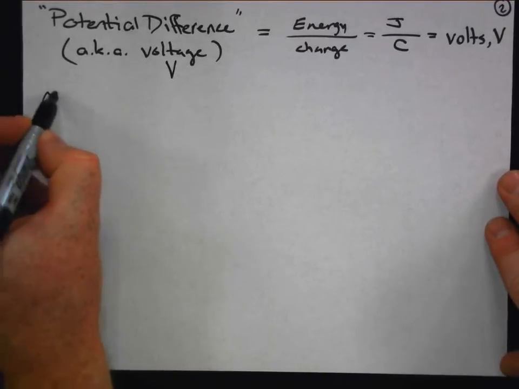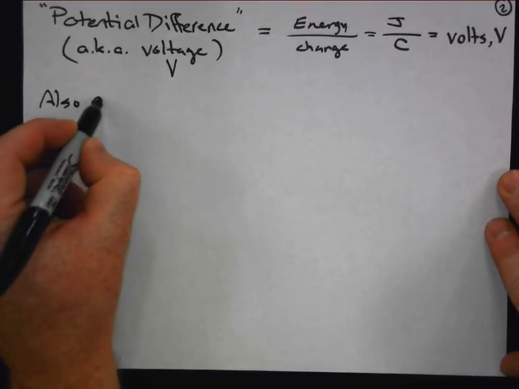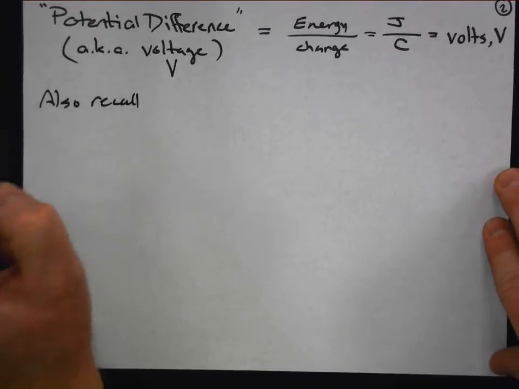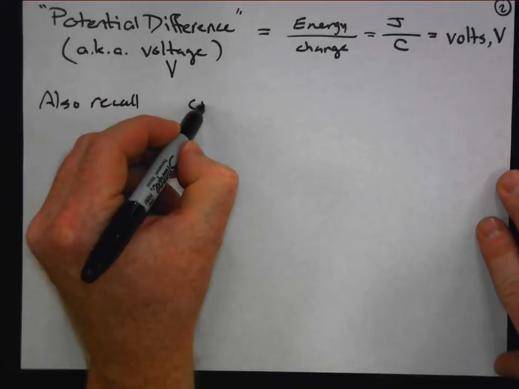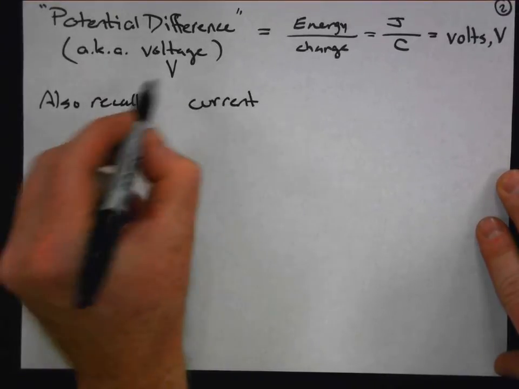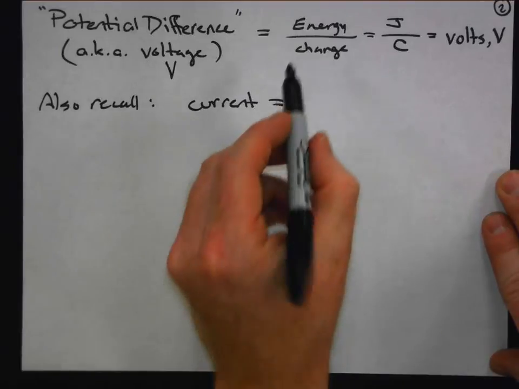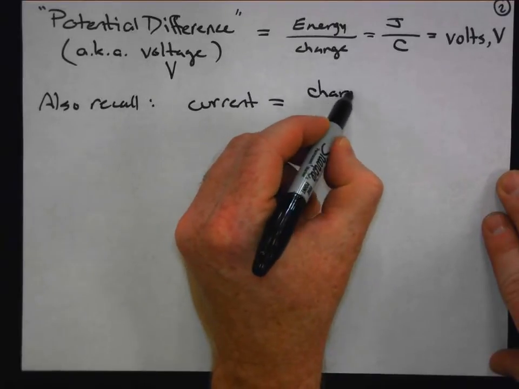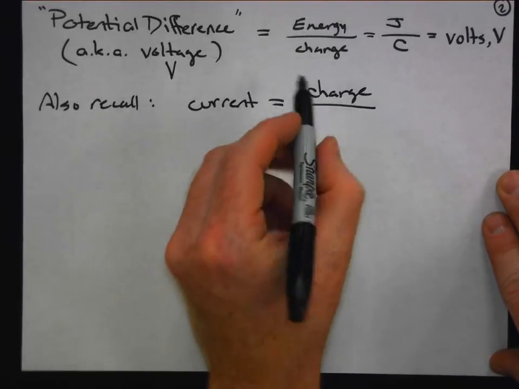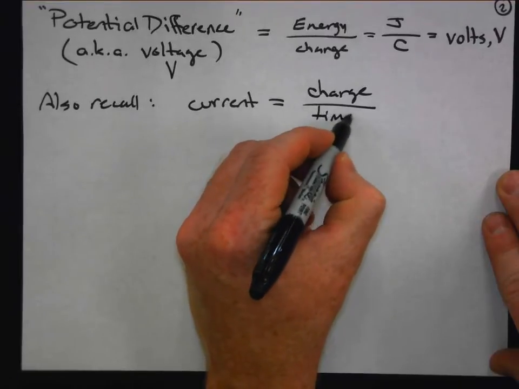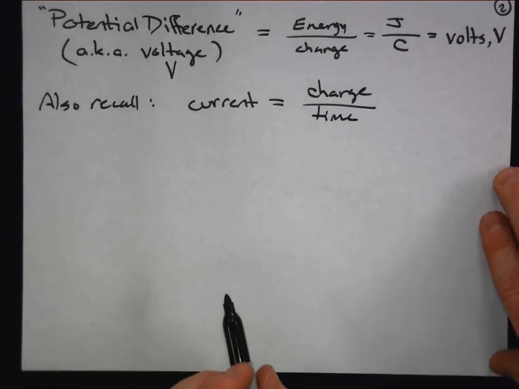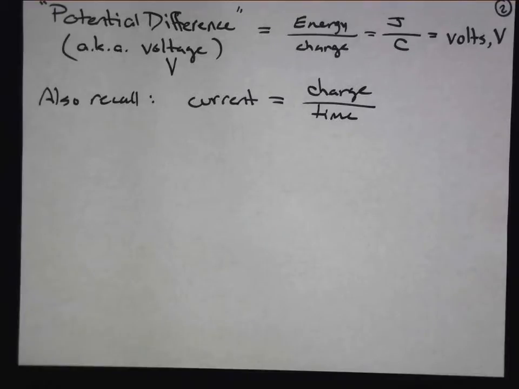Also, I'd like you to recall that current, what does that represent? That's an amount of charge divided by time. So how much charge flows in a certain amount of time. And so this is real cool.